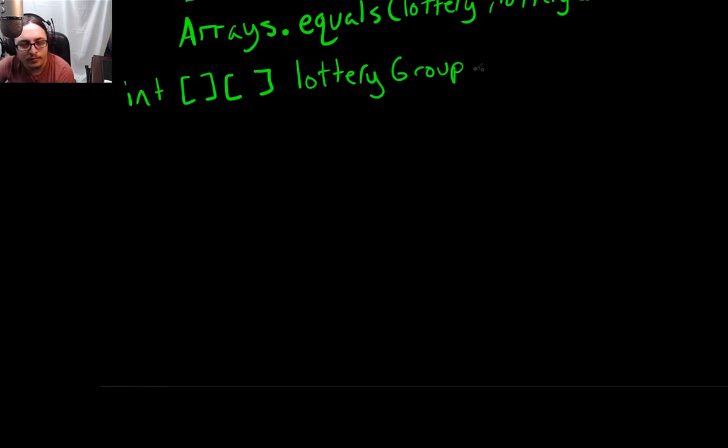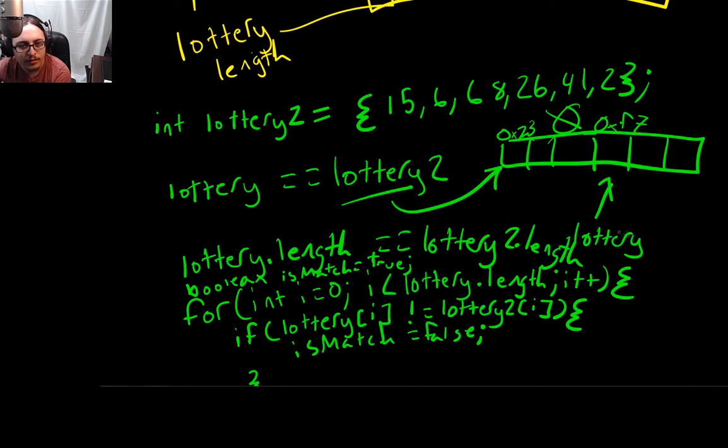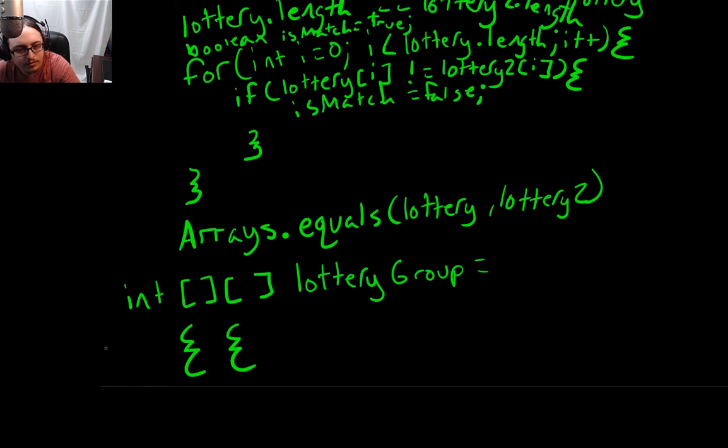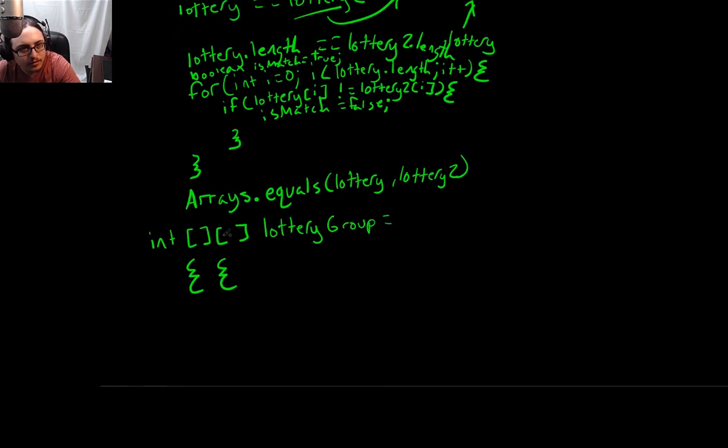And we're going to initialize this to be a group of lottery selections. So you do this outer curly brace, and then you do another curly brace, right? So our first number selections are 15, 6, 68, all that stuff. So let me zoom out so that I can see those.